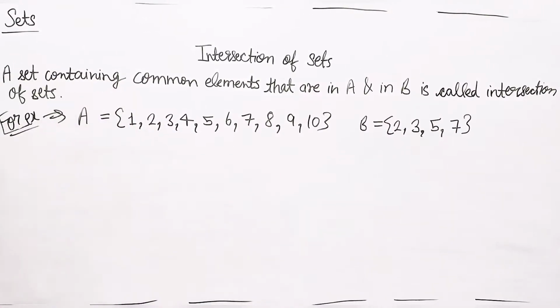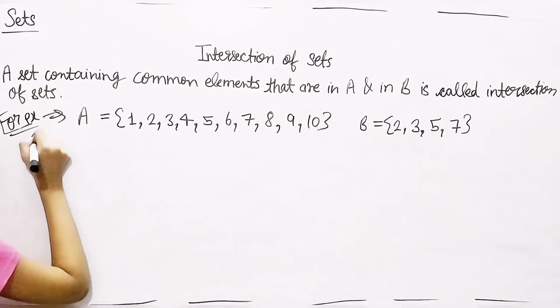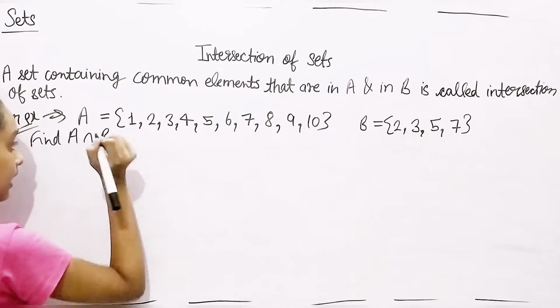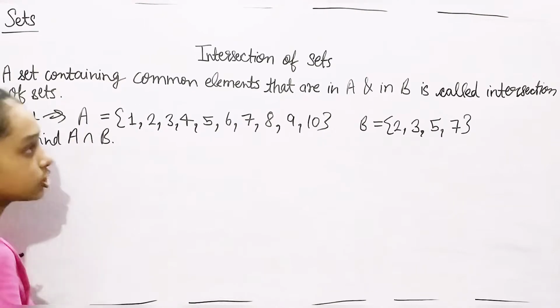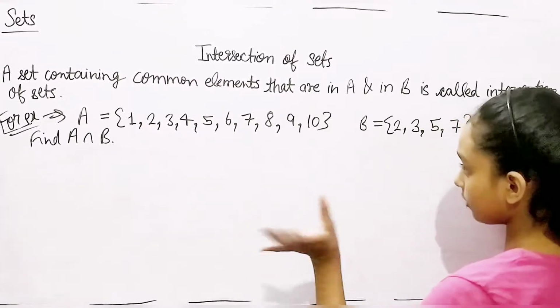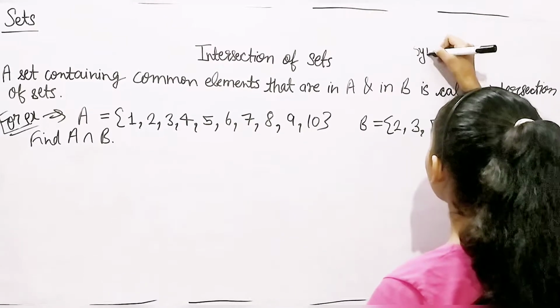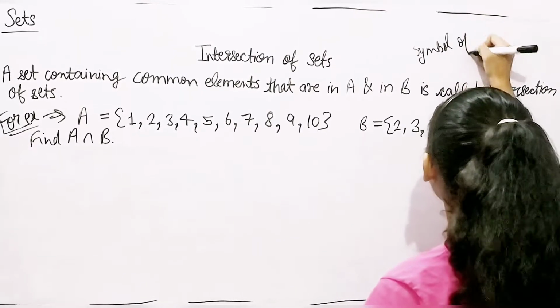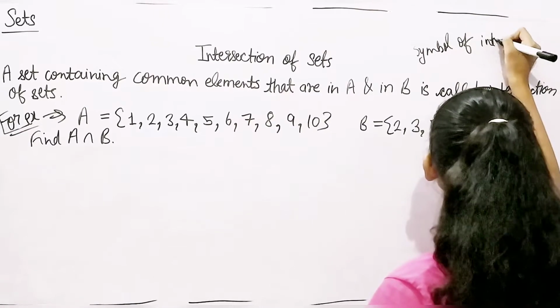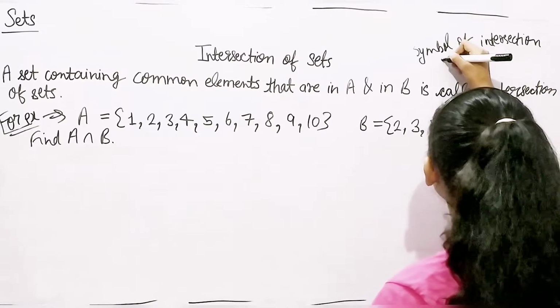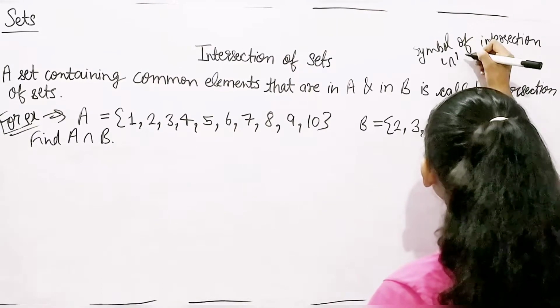What we have to do is find A intersection B. And I forgot to tell you the symbol of intersection, mainly used for it, so I'm going to write it right there. The symbol of intersection is this.